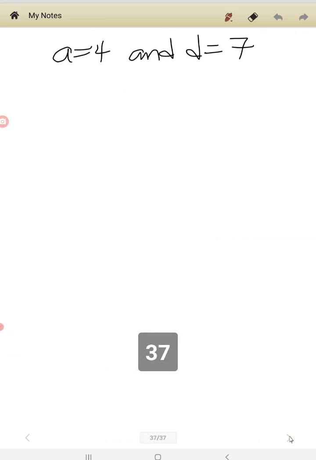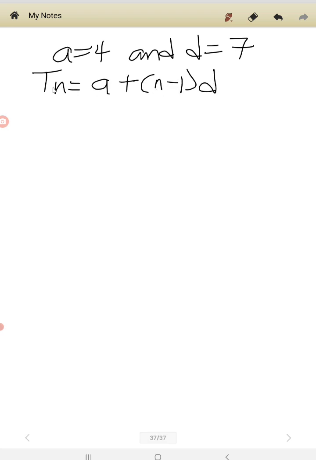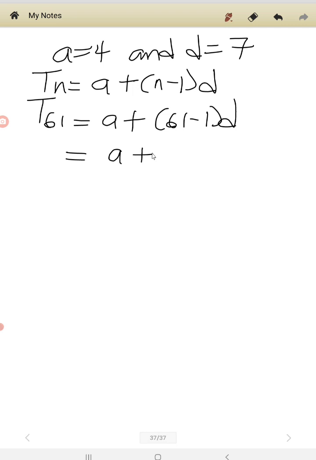You still remember that Tn is equal to A plus (n minus 1) D. So T61 will be A plus (61 minus 1) D, which is equal to A plus 60D.